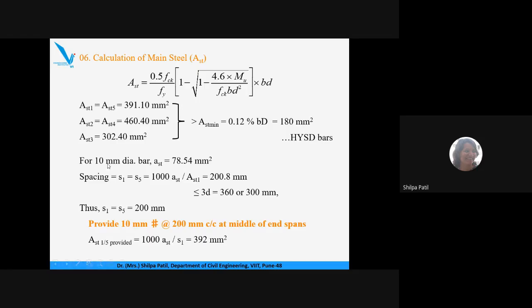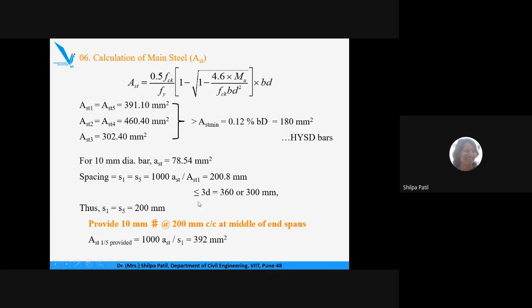So now we have initially assumed 10 mm bar. So for 10 mm bar, the area of the single bar is coming as 78.54. Spacing is calculated again. Now the AST1, AST5 both are same. So we will calculate the spacing for that portion S1 and S5 as 1000 into AST upon AST1, which is coming as 200.8 mm.